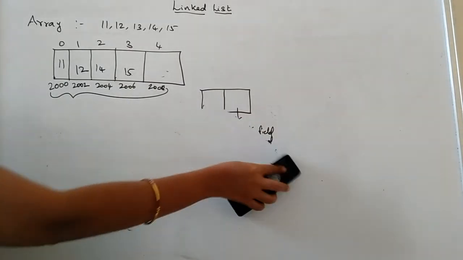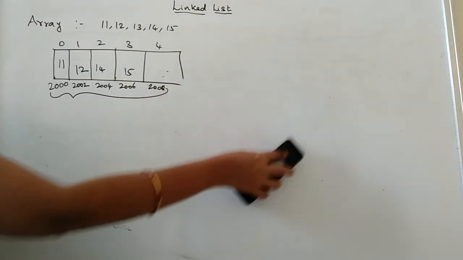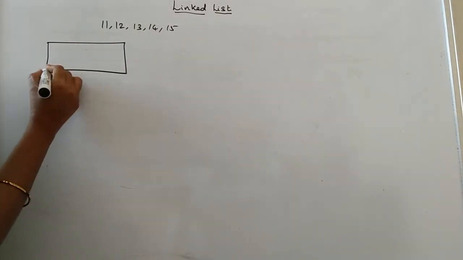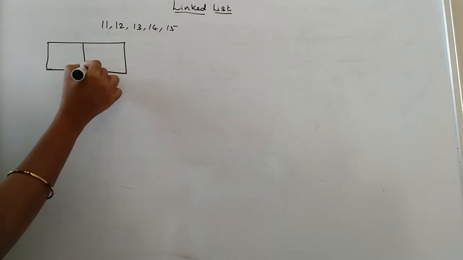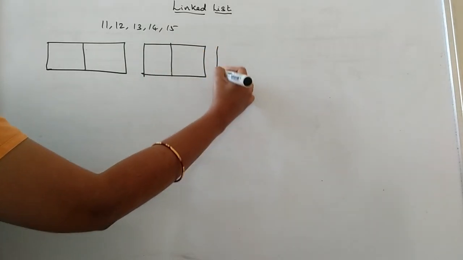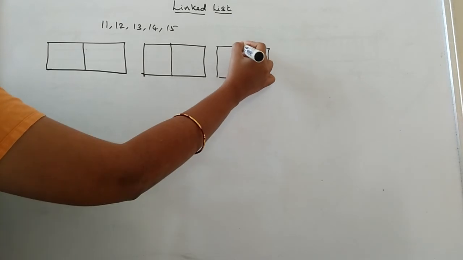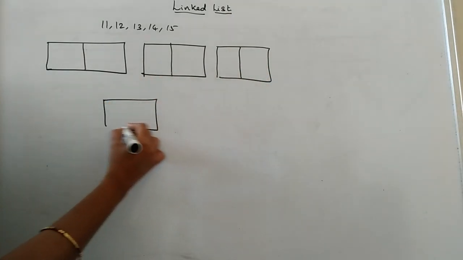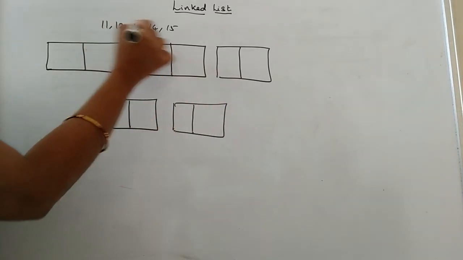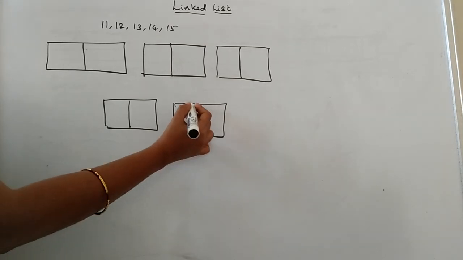So how are you going to represent the linked list? Here we can take the same elements 11, 12, 13, 14 and 15. As I said earlier, every node will have two fields. One is the data field and the next one is the link field. So here you can create the nodes. You see here, for storing the 5 elements, I have created 5 nodes.